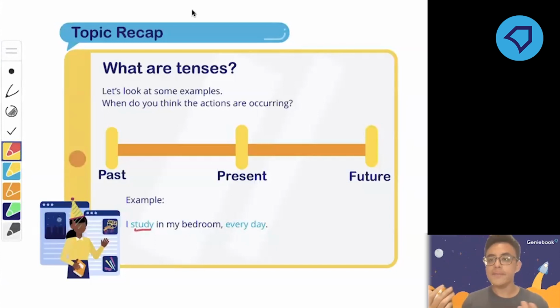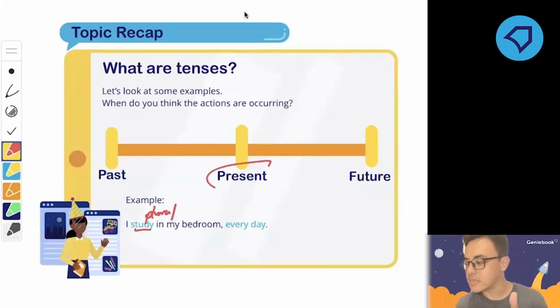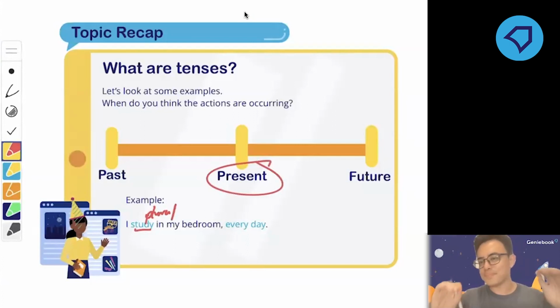Now, I is a special word in the English language. Even though it's referring to just one person, you have to use the plural form of the word. I'm not going to go into plural or singular right now, but plural or singular affects only the present tense. If your subject is plural or singular, it only affects the present tense. It's a very annoying thing about English, right?